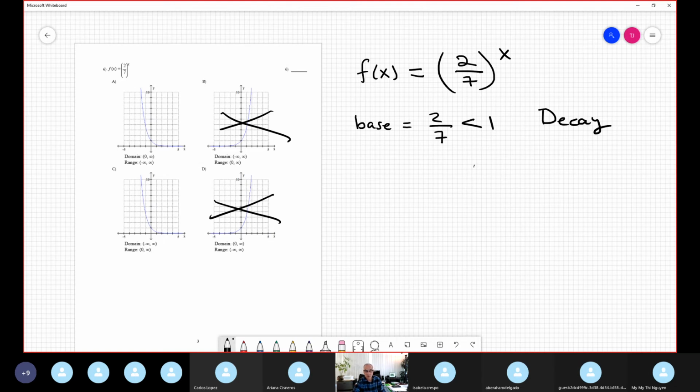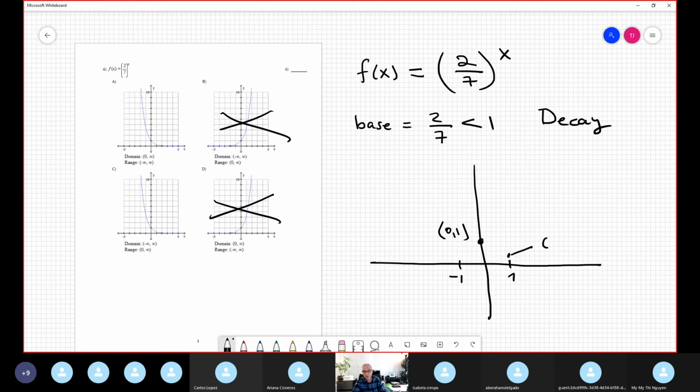To do the graph of this, we have the famous point 0,1 and 1 and -1. And in 1 we have 2/7. Okay, by the way, 2/7 in decimal, I put it in my calculator, it's 0.28. It's super small.